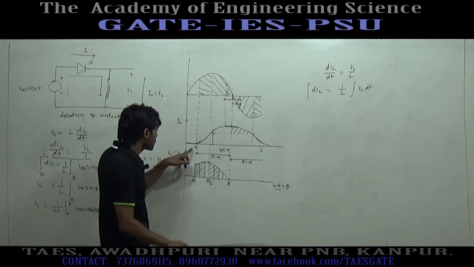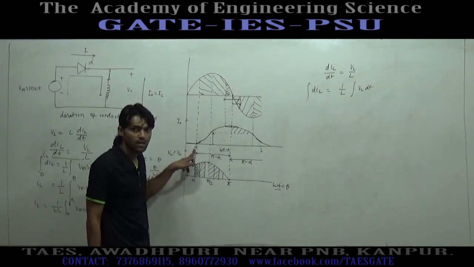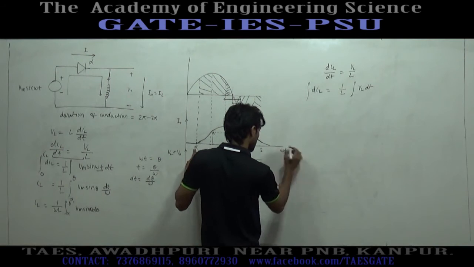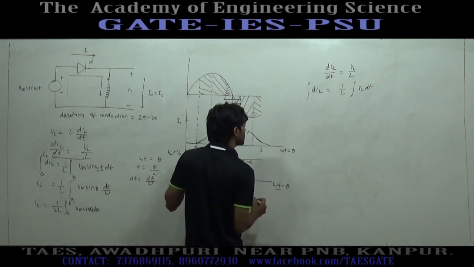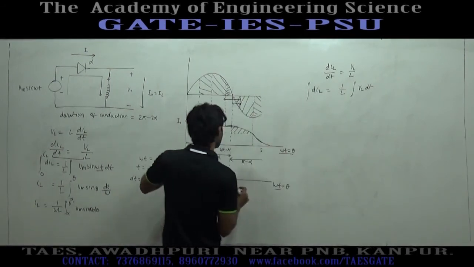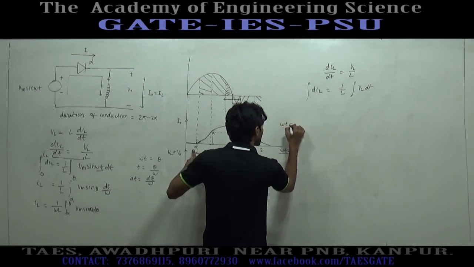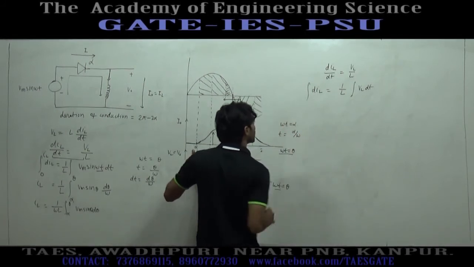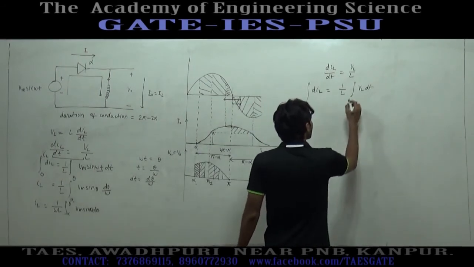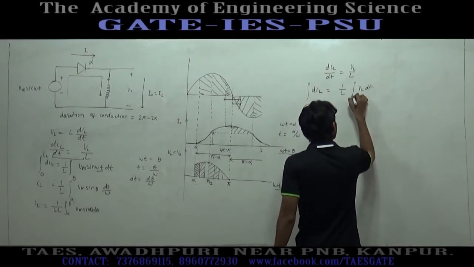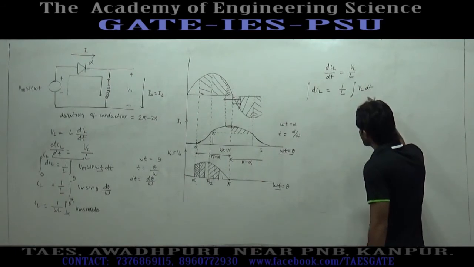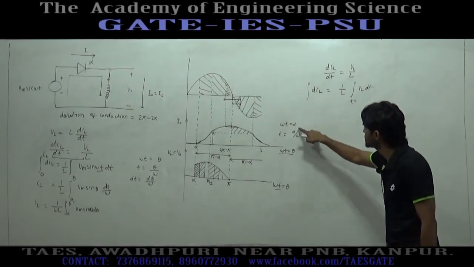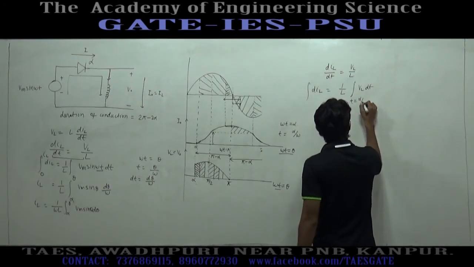From theta equal to alpha, current starts conducting, and theta is equal to omega t. So, when omega t equals alpha, time will be alpha divided by omega. So, instead of putting theta equal to alpha, we will put the limit of time corresponding to theta equal to alpha, and that time is alpha divided by omega.